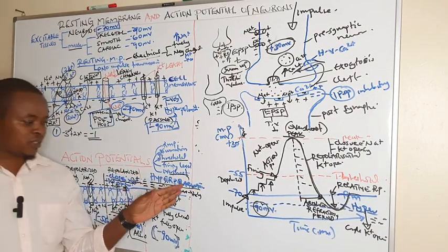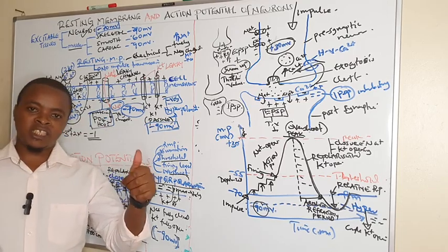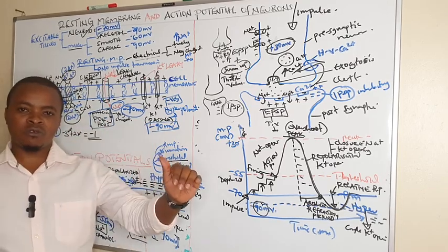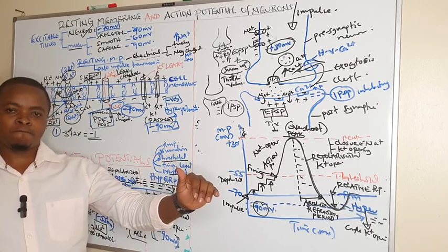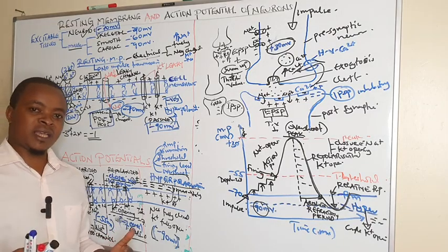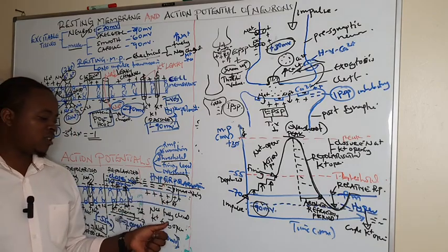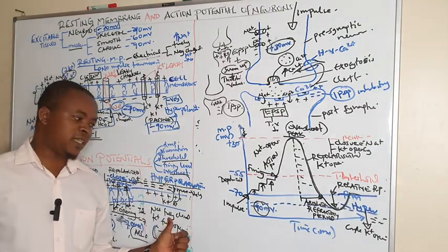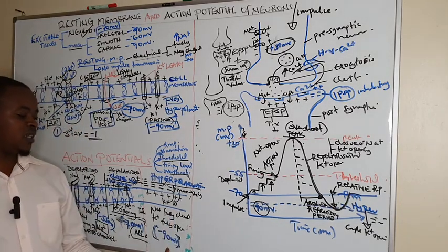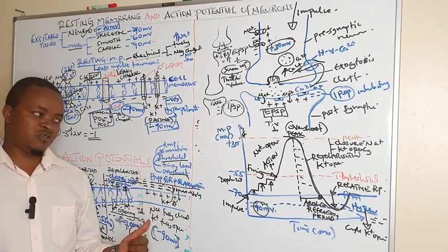Then hyperpolarization, we have seen, is due to the potassium ions taking longer to cross. Here sodium channels are fully closed, but potassium channels are still open. So it brings about the inside of the cell becoming more negative, at negative 90 millivolts, which is hyperpolarization of the neurons.